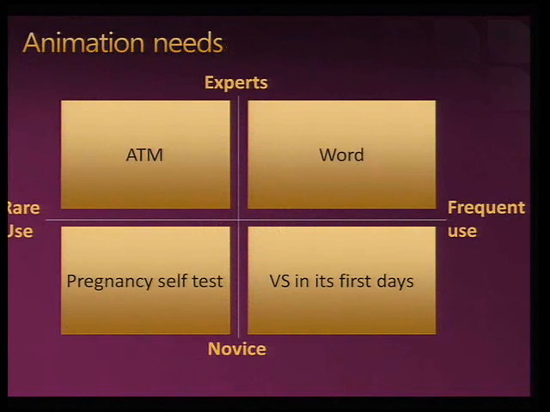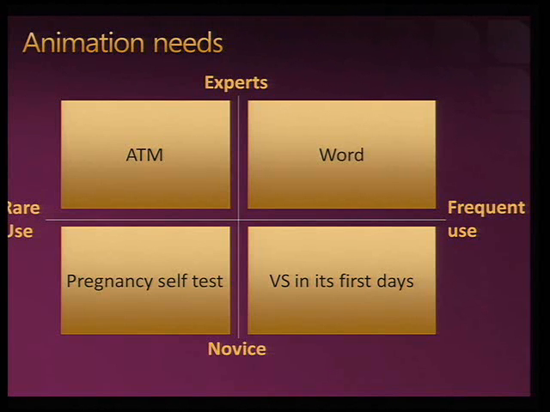Here you can see on one axis the frequency of use, from very rarely used to very frequently used application. And on the y-axis, you see the expertise axis, from novice to expert. Applications are divided into these four quarters. In the lower left quarter, you can see applications that you rarely use and you are a novice in.